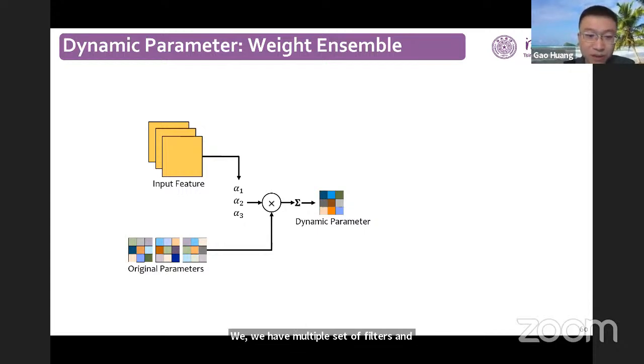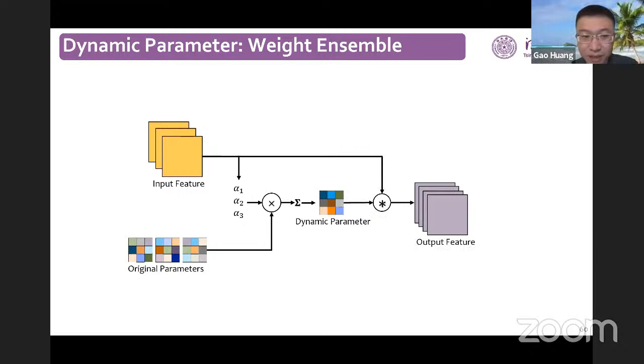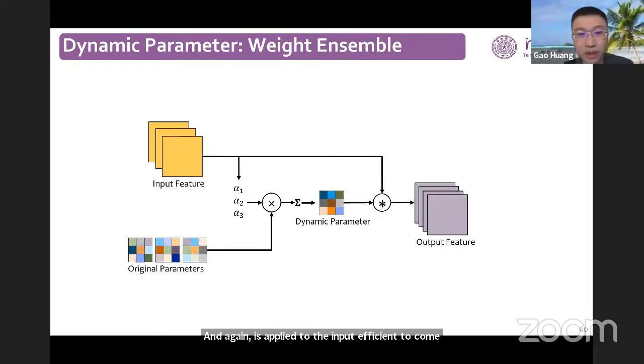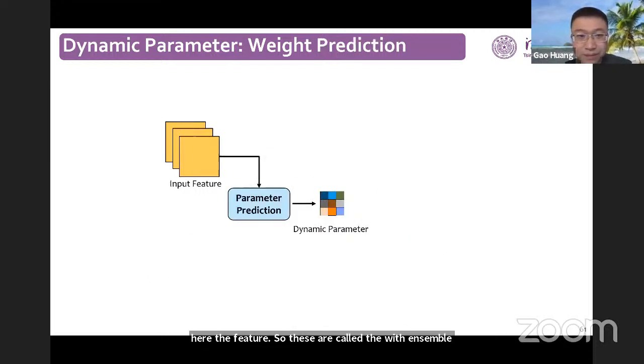These alphas are applied to compute a weighted sum of the different sets of filters to obtain a dynamic parameter, which is then applied to the input feature to compute the output feature. This is called weight ensemble, or dynamic ensemble of filters.